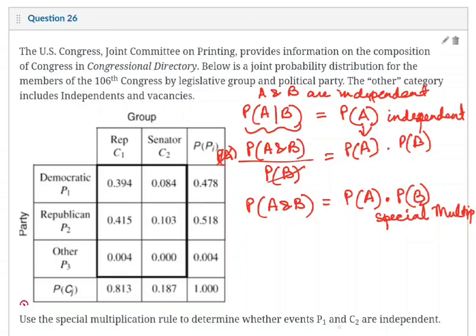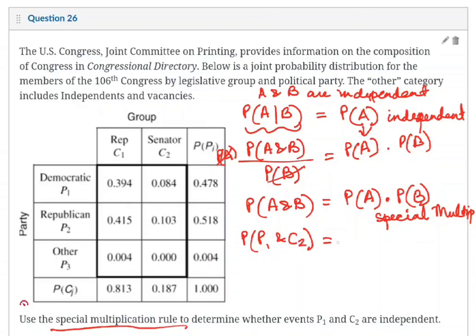Now, the question here says we have to determine if P1 and C2 are independent using the special multiplication rule. So probability of A and B equals probability of A times probability of B. This needs to be calculated. All right. So in our case, it's P1 and C2. So it would be probability of P1 and C2, the joint probability.